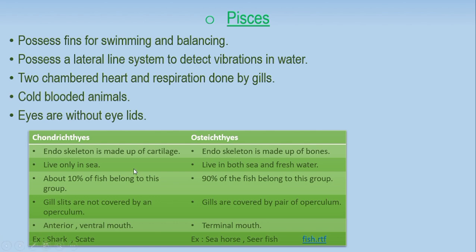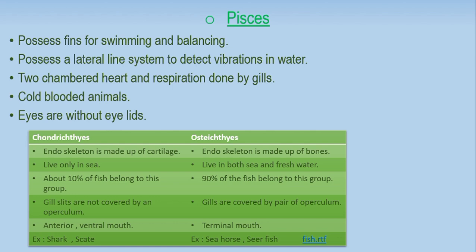And these chondrichthyes live in the sea, but these osteichthyes live in both the sea as well as fresh water. And 90% of fish belong to the osteichthyes, but only the remaining 10% are chondrichthyes, right? And in these chondrichthyes, their gills are not covered by an operculum, right?